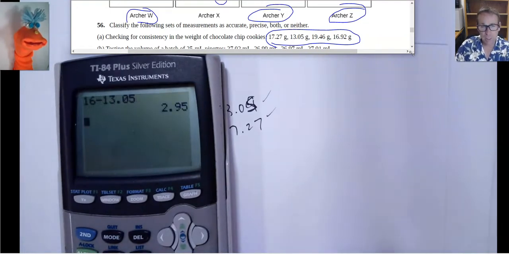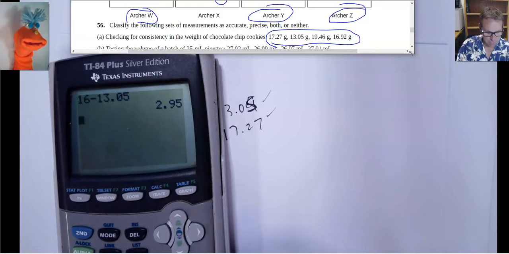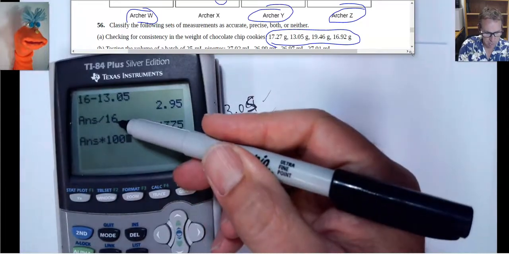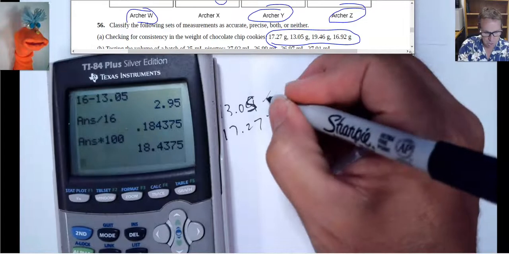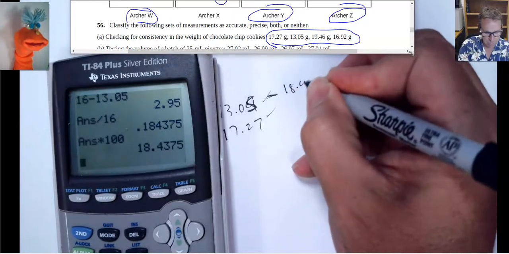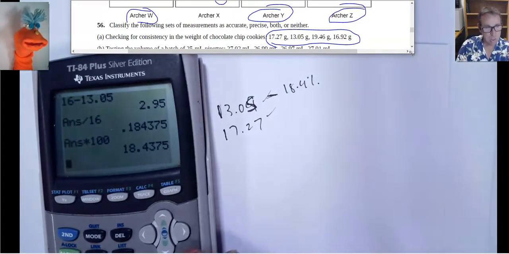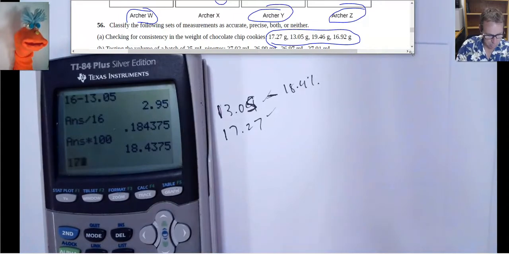All right, 2.95 is our difference. And then we divide that by our 16 and then multiply by 100. So we took our difference, divided by what we were after, times 100 to get it into percentage. So this one is off by 18.4%.